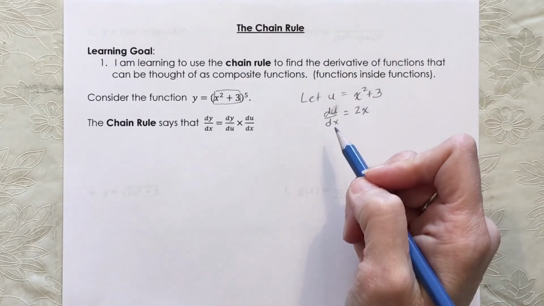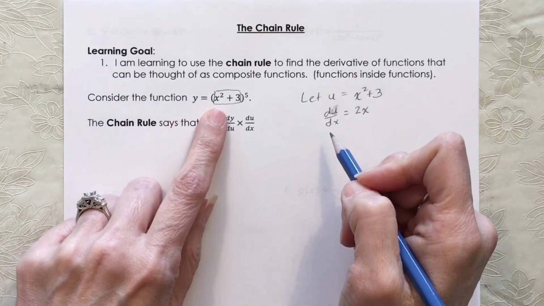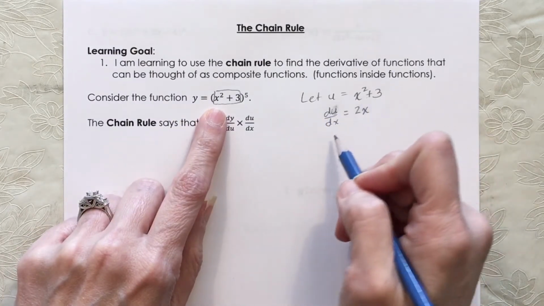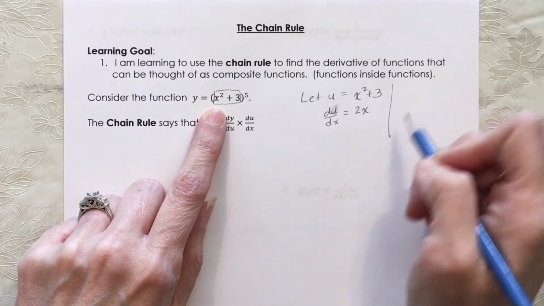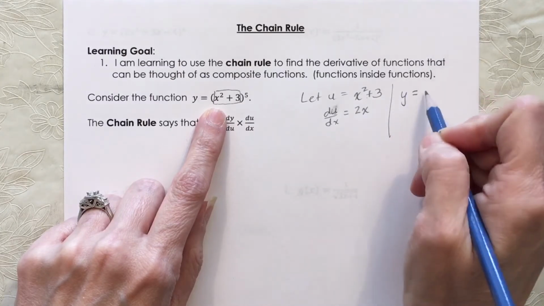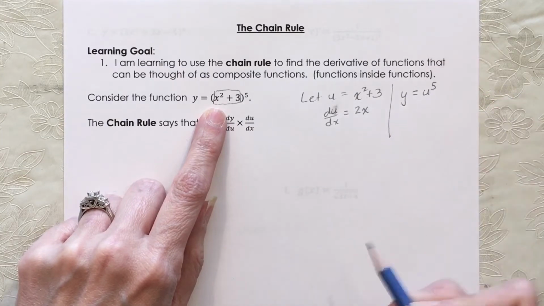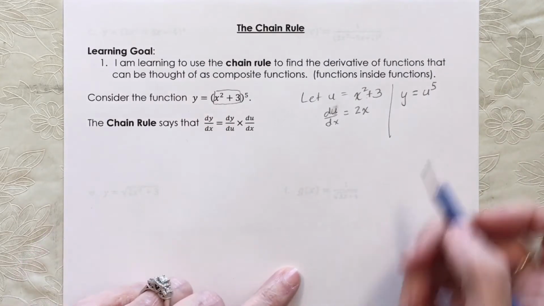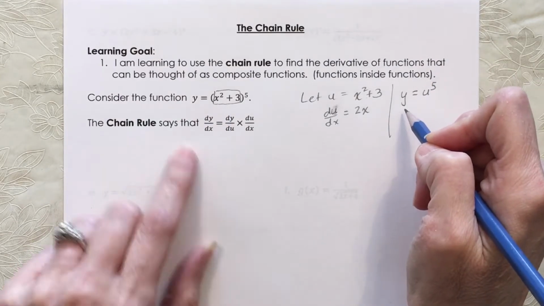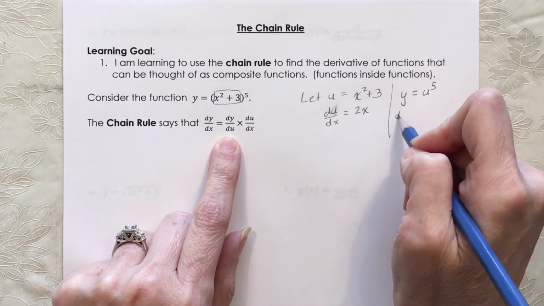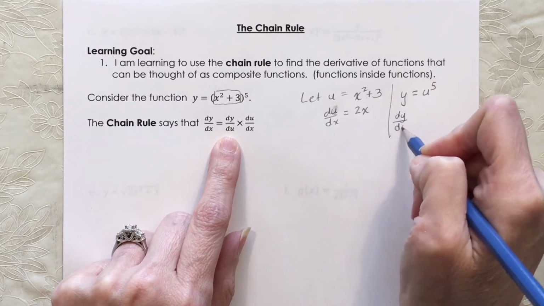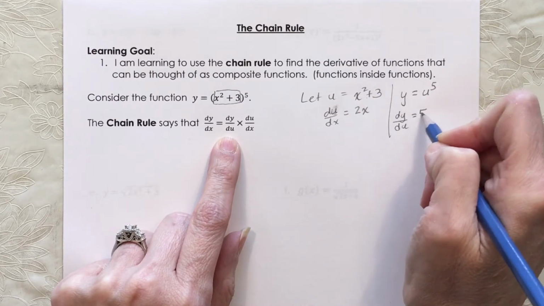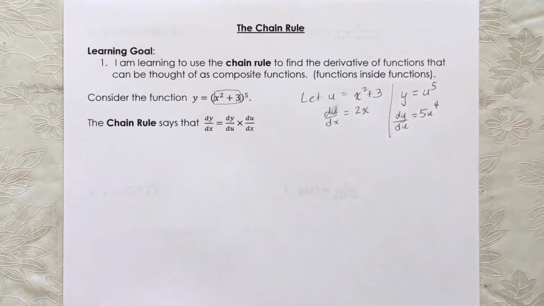Then we can think of y, if we're letting u equal x squared plus 3, as being u to the fifth. If we find dy by du, so differentiate with respect to u, we would get 5u to the fourth.